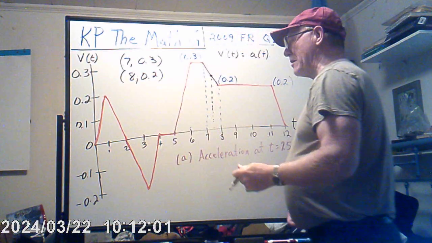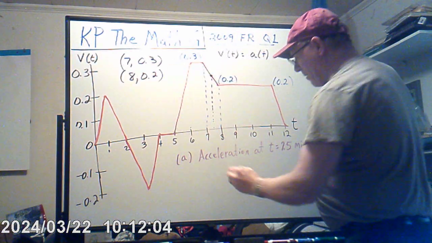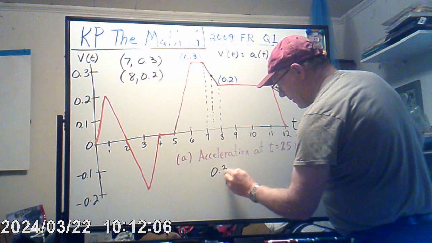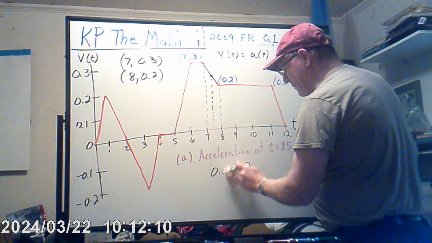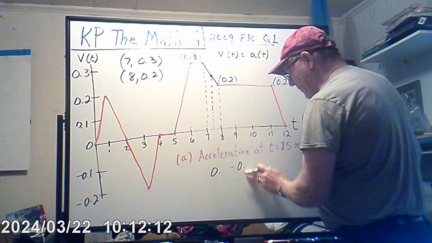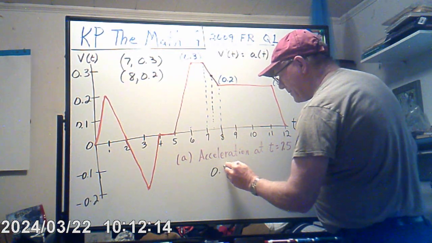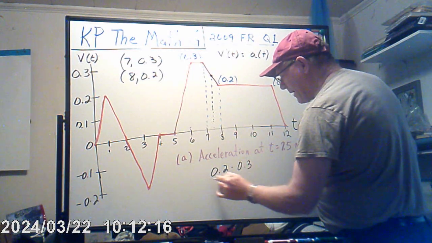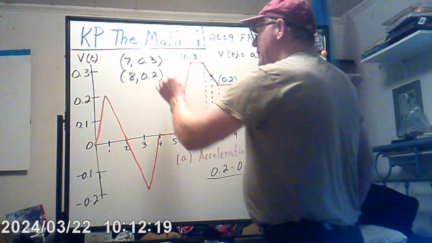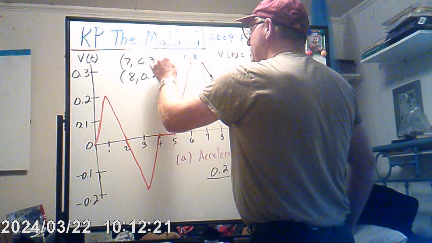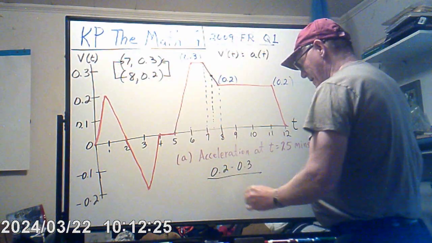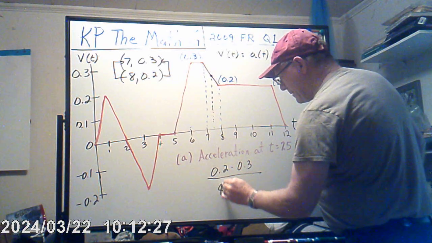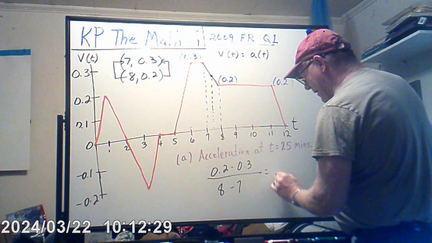Now this is slope, so 0.3 minus 0.2, or we can do 0.2 minus 0.3. It doesn't matter which one you do, but you have to stay in the same direction. So going in this direction here, I need to go in this direction here. 8 minus 7, we know that's 1.